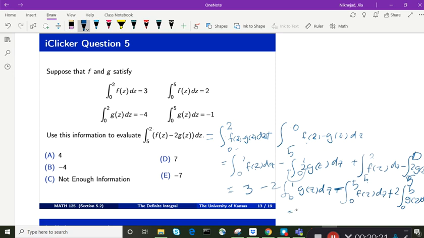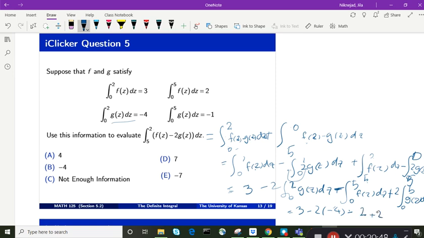So this is becoming 3 minus 2 times, this was 0 to 2, and 0 to 2 of g z dz is right here. That's a -4. And then over here you have another negative sign, 0 to 5 of f of z dz, which is 2.